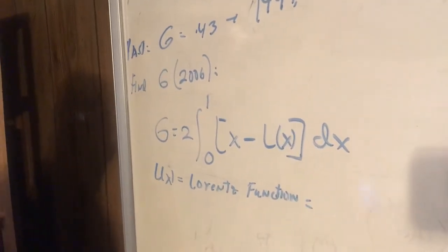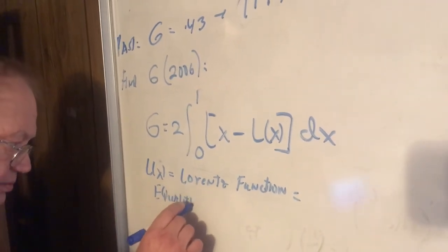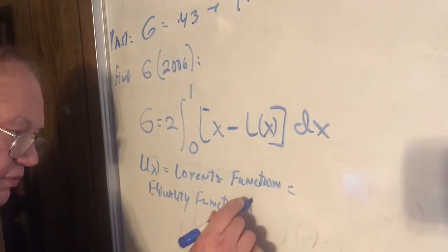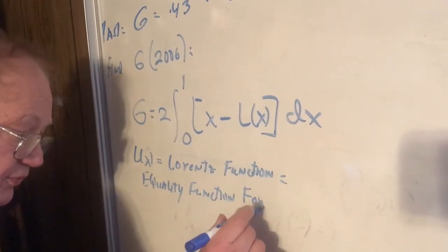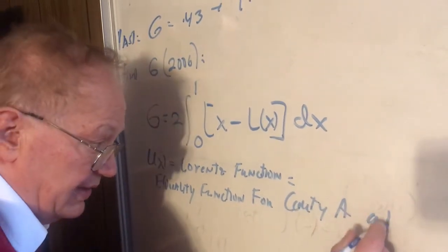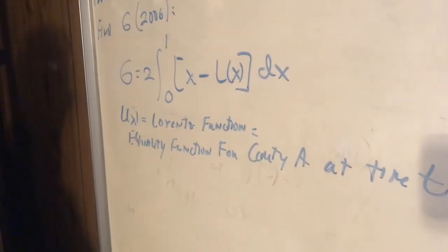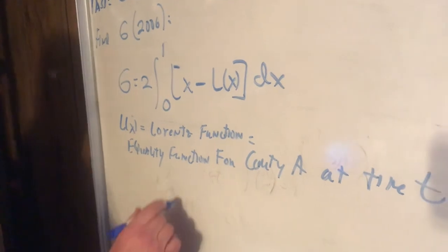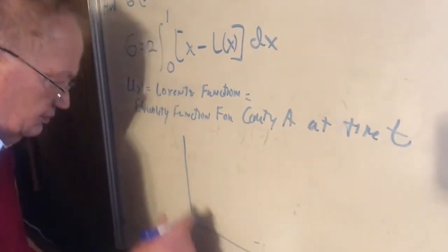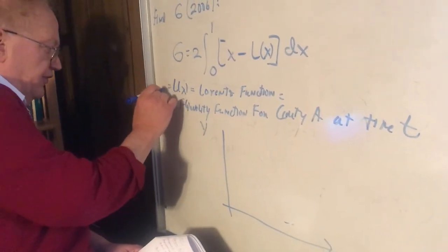It is the equality function for any county, for County X, County A, at time t. So let's see what this means here. Let's take a graph here. Let's just call this y. You can also say this is equal to y.